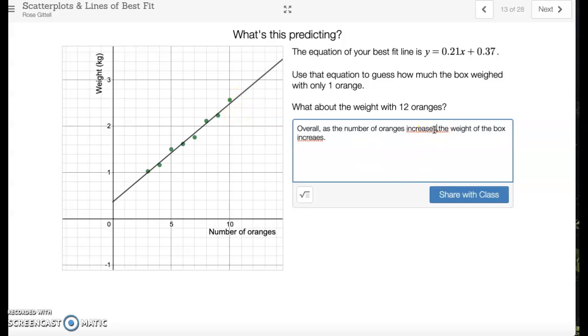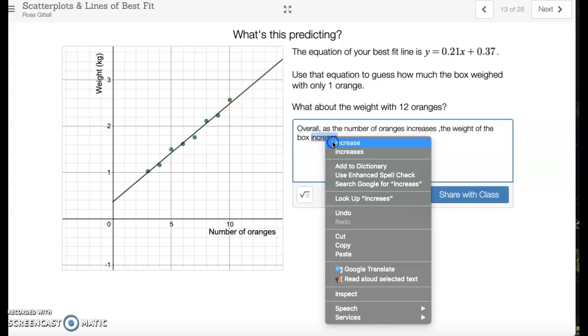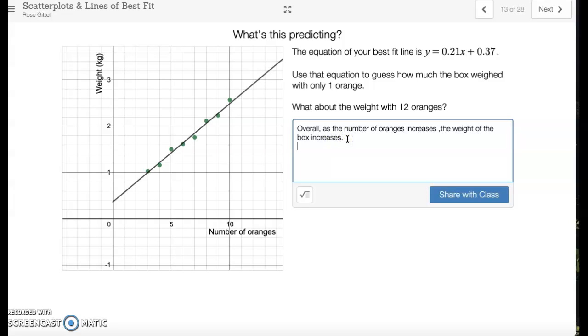Makes sense. As you put more oranges, the box is going to get heavier and heavier.